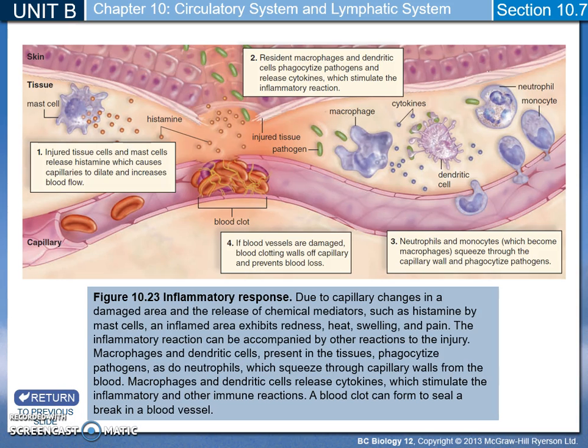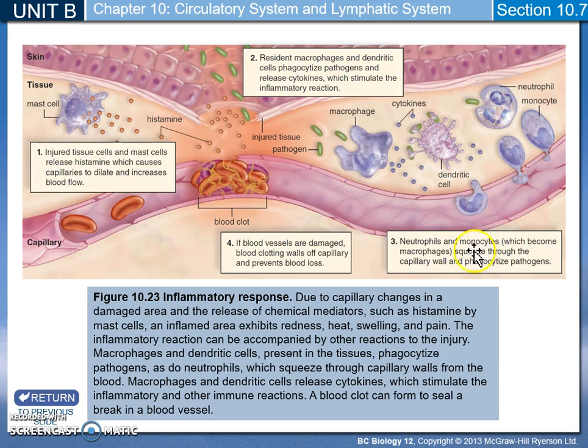So here's an illustration as to how that all occurs. When you have some kind of an injury to the tissue, the injured tissue cells and the mast cells release histamine, which causes the capillaries to dilate and increases the blood flow to the area. Then you have resident macrophages and dendritic cells, which phagocytize the pathogens, and they release cytokines, which stimulate the inflammatory reaction.